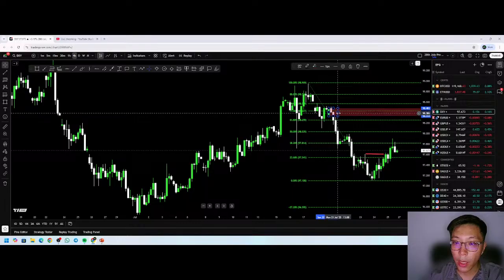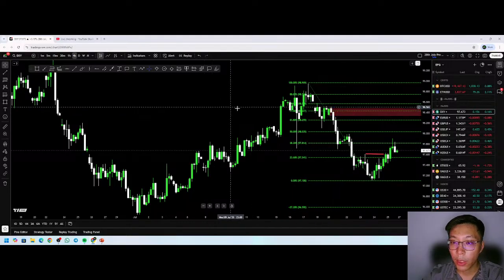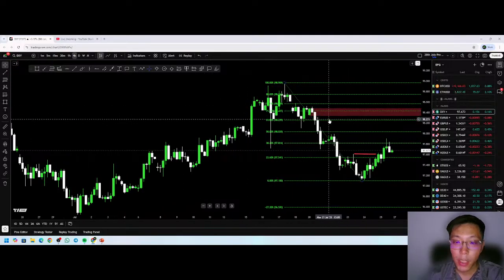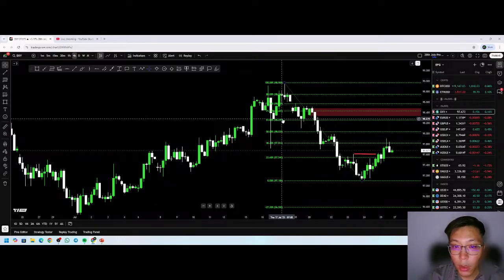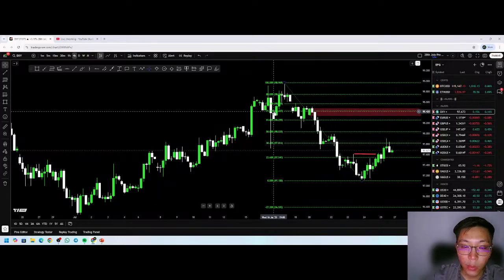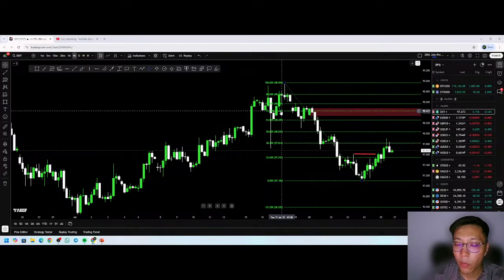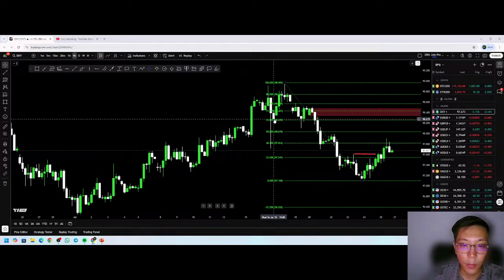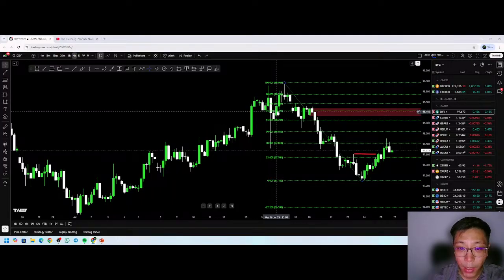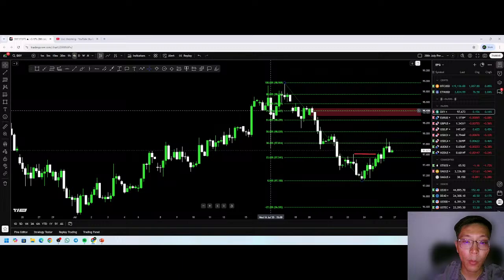Look at this supply zone right here. This supply zone is quite important because it aligns with the 71% Fibonacci retracement level. I like to use the 71% Fibonacci retracement level. A lot of people use maybe 61.8 and 78.6, but for me I like to use 71 and 75%.